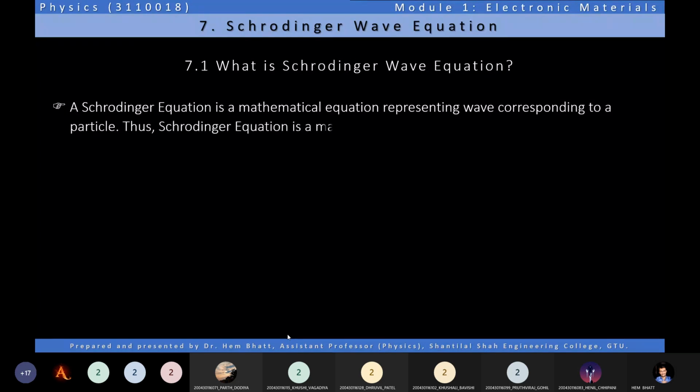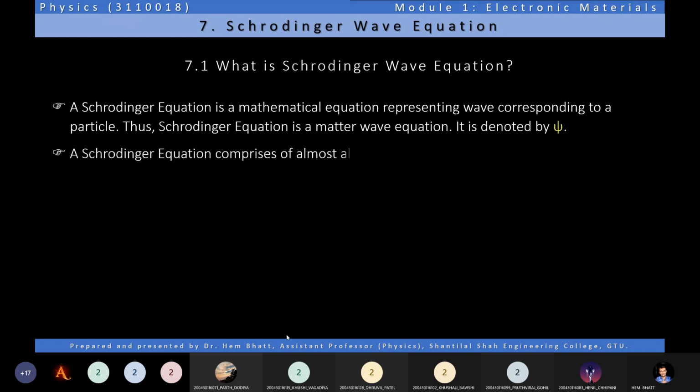So Schrodinger equation is a mathematical equation representing wave corresponding to a particle. કોઈ એક કણનું તરંગ સ્વરૂપ દર્શાવવા માટેનું જે સમીકરણ હોય એને Schrodinger wave equation કહેવાય. So you can say that Schrodinger wave equation is matter wave equation. It is denoted by psi. Schrodinger equation comprises of almost all information about particle. આ સમીકરણનું મહત્વ શું છે? તો એમાં કણની દરેક લાક્ષણિકતા ગુણધર્મો તમને એમાંથી મળી જશે ઉર્જા જોવે કે વેગમાન જોવે કે પરિસ્થિતિ જોવે.